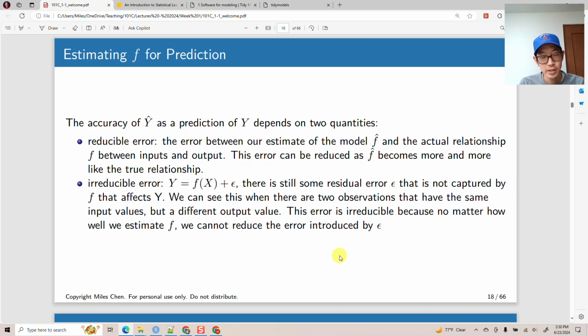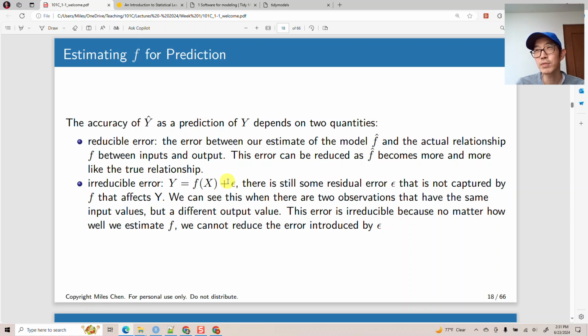On the other hand, the irreducible error, this epsilon part, cannot be reduced, in that even if you knew the exact true relationship, there's still going to be some leftover error. You might know the true relationship between x and y, but in life there are random effects, things that affect the outcome at random.